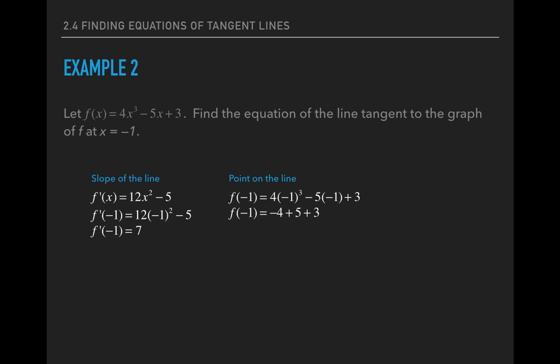So that would be -4 plus 5 plus 3. That is 4 when simplified. So the coordinate that we're going through on our cubic graph is -1, 4. We know that the slope of our tangent line is 7, so we'll plug those values into our point-slope form.